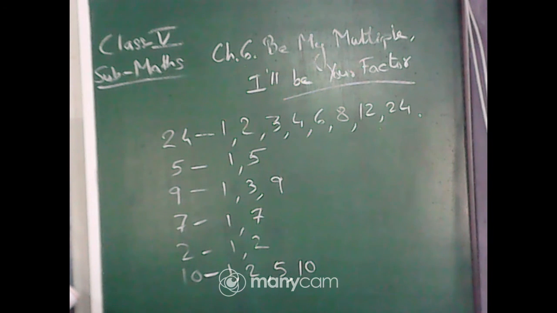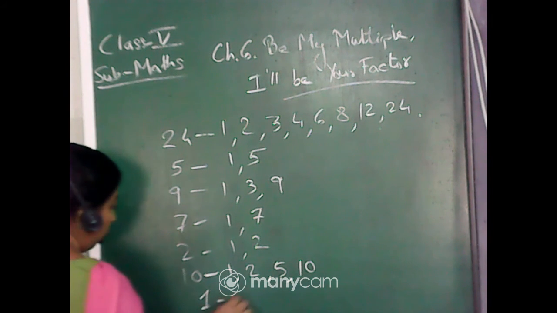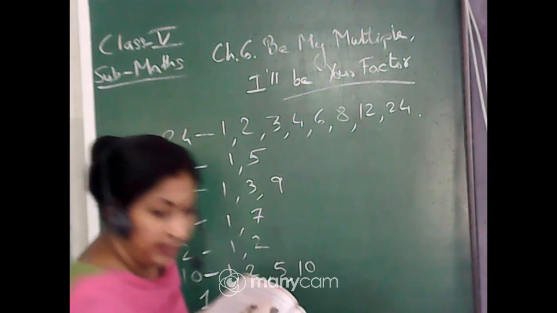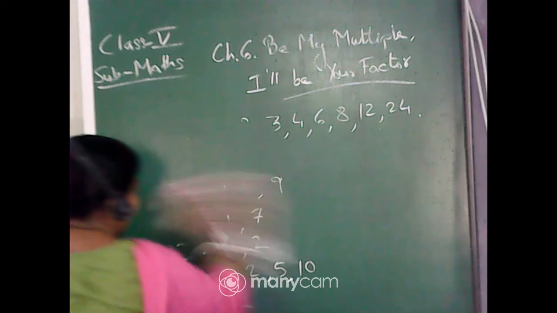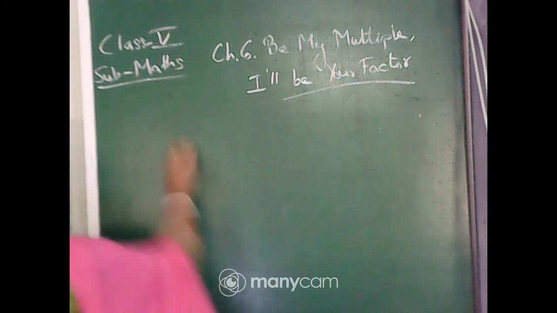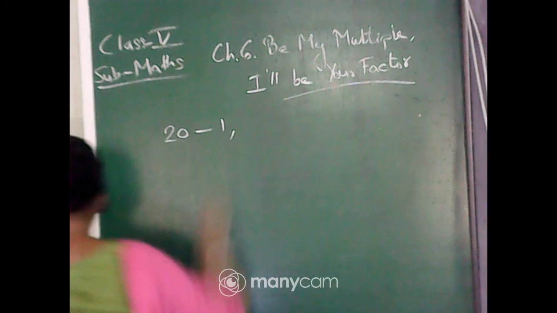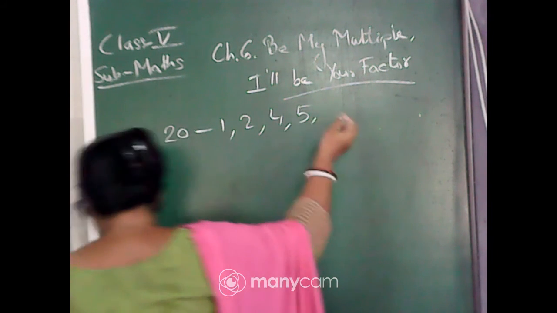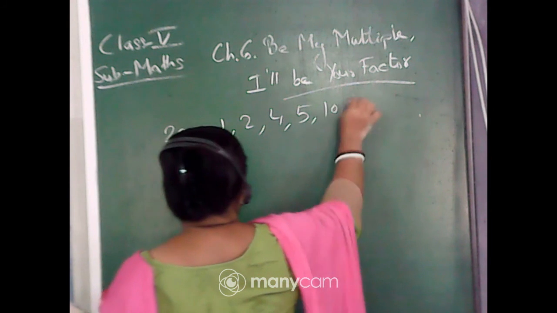Yes. Now write the next one. 1: only 1, isn't it? 1 comes in the ones table only. Then next one, 20. 20 comes in the tables of 1, then 2, 4, 5, 10 and 20.